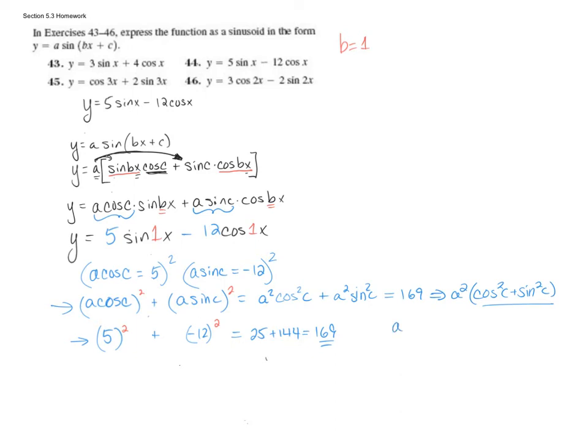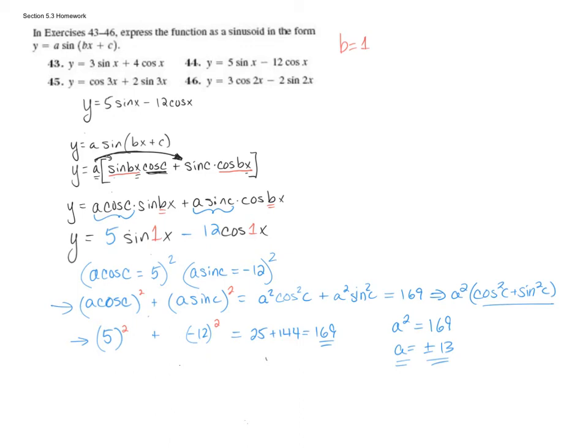So essentially we have A squared equals A squared times 1, which is A squared, equals 169. That means that A has to be plus or minus 13. And we can make a choice on that, whether we're going to use positive or negative 13, in a moment.